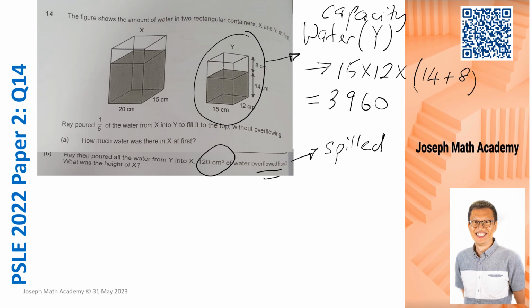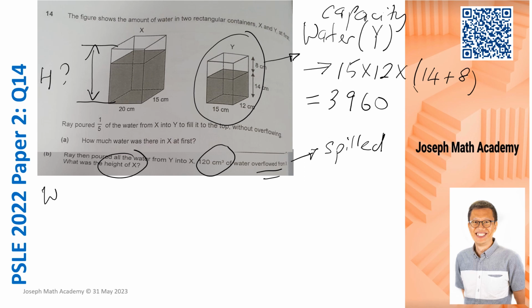That means too much. So what was the height of container X? Because the height of container X is not given to us. As I've already indicated in my slide, let's follow the process in part B. The water originally in container X, we have already found out the volume in our previous slide.